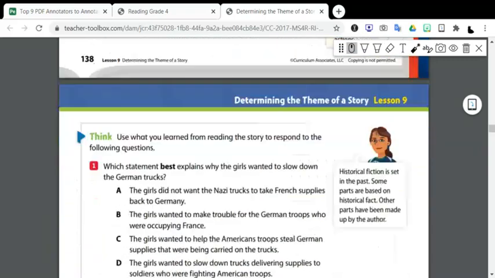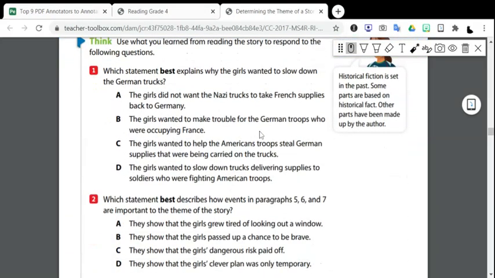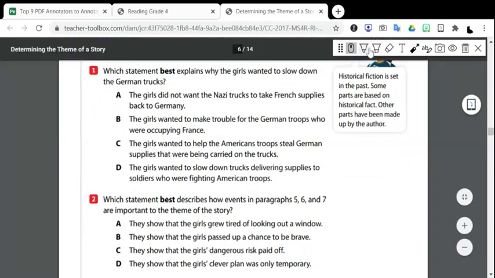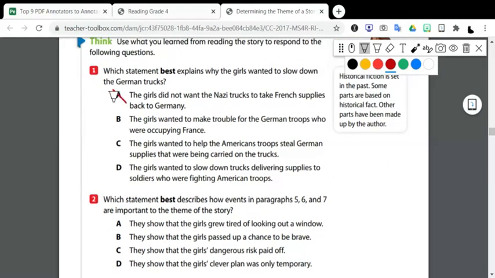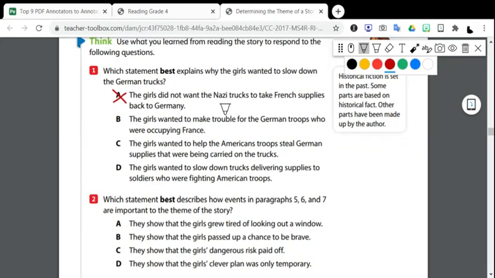All right, now I'm going to go ahead and answer this question, and I'm going to show you the elimination process that I use when I answer my multiple choice questions. Get my pencil here. The girls did not want the Nazi trucks to take French supplies back to Germany. Well, when I read back at the top, it says nothing about taking French supplies back to Germany.